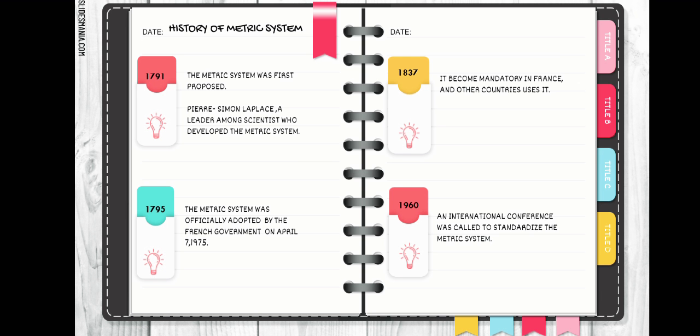This is where it now consists of 7 base units. The name Système International d'Unités, or International System of Units, with the abbreviation SI, was adopted for this modern metric system.